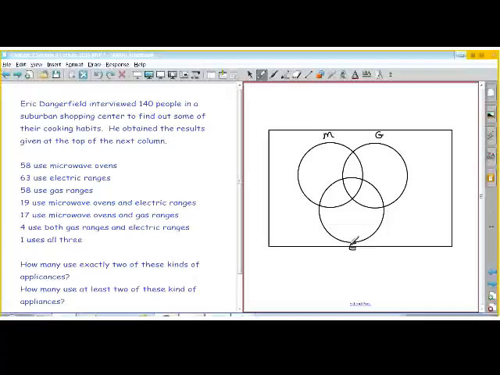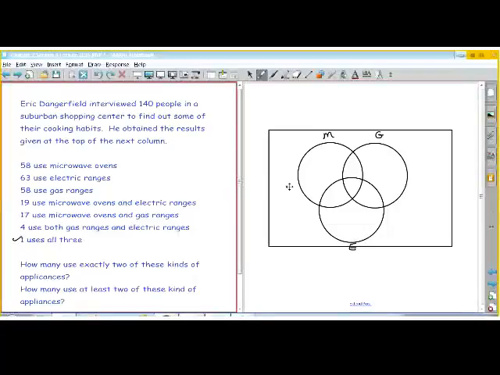Just like in the previous one, we took the intersection information first. So which one of these numbers represents the intersection of all 3? Somebody said something. 1, yeah, all 3. So we can fill that in, and we'll put a check by it as we use it. So that's the first thing we do, intersections.